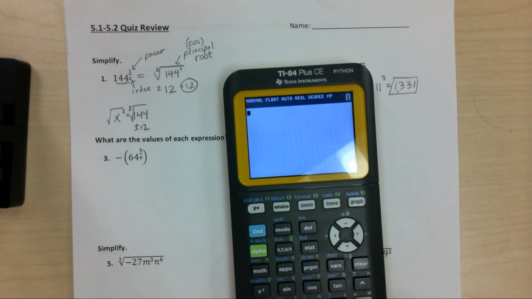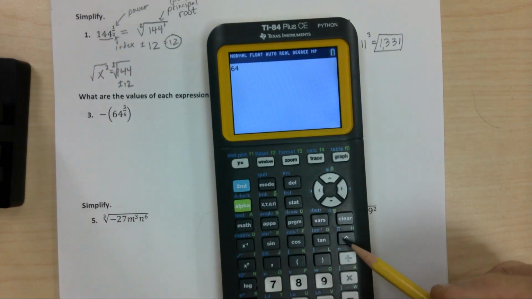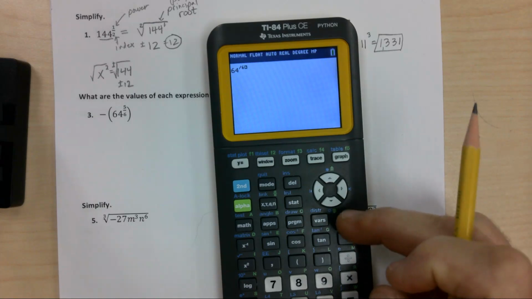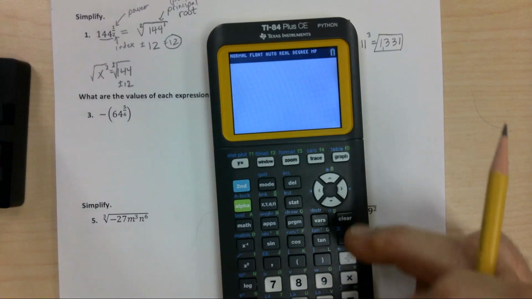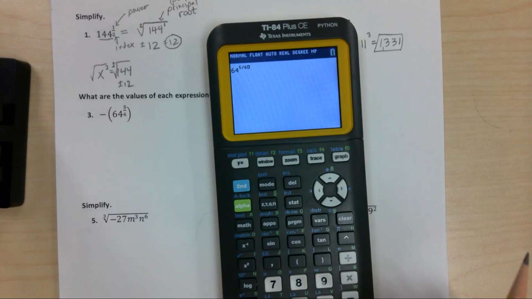And so we're going to take our calculator, 64, and raise that to the 5/6 power. Oh, it didn't take that. 64 to the 5 divided by 6 power. Let our calculator do the work, and we get 32.